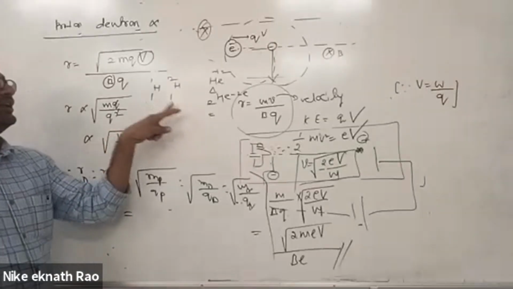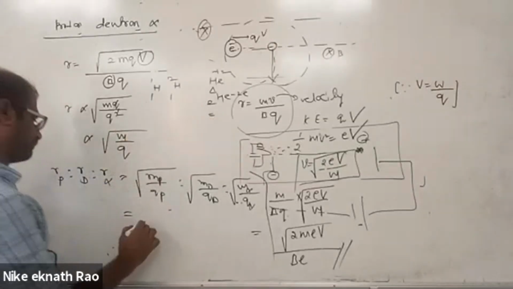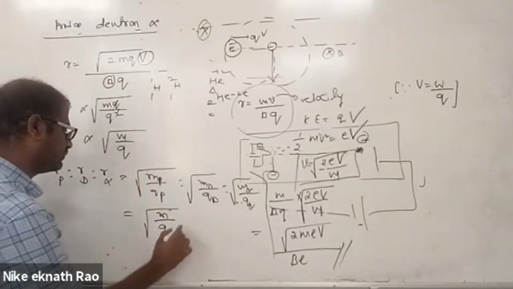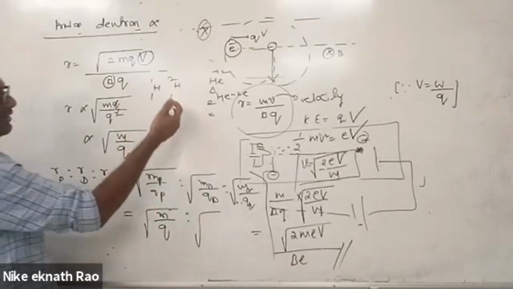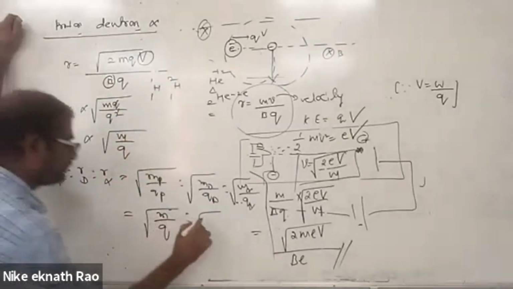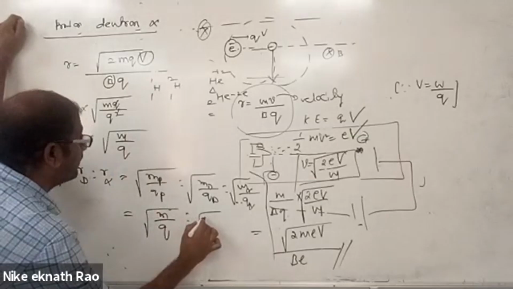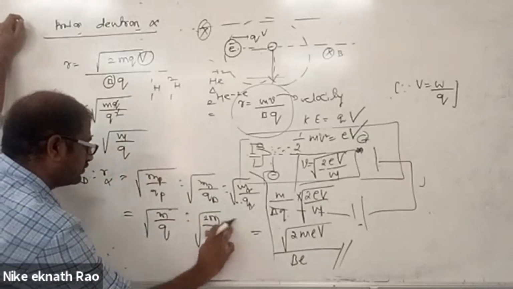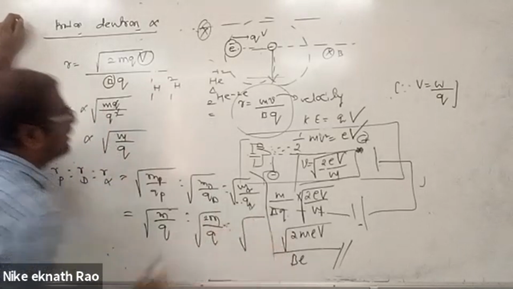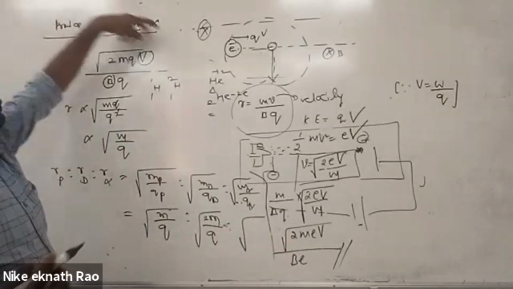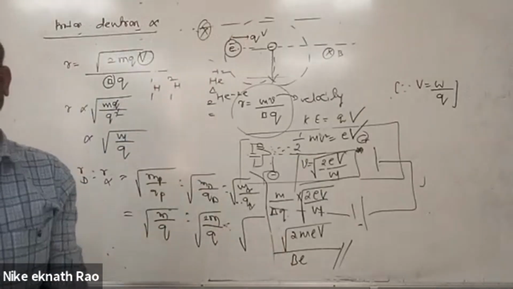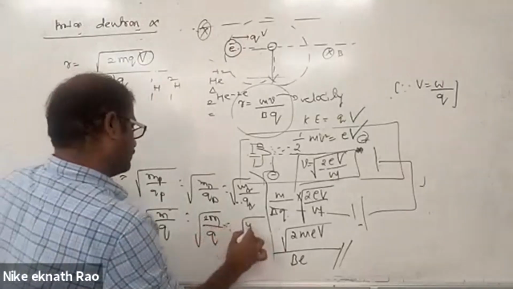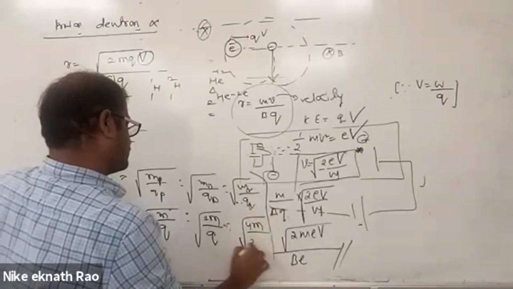The charge is 1 for the proton, 1 for the deuteron, and 2 for the alpha particle. Taking the ratio with the proton's mass as m and charge as q: root of m by q for the proton; for the deuteron the mass is double and the charge is the same; for the alpha particle, with two electrons removed, two protons and two neutrons, the mass is 4m and the charge is 2q.